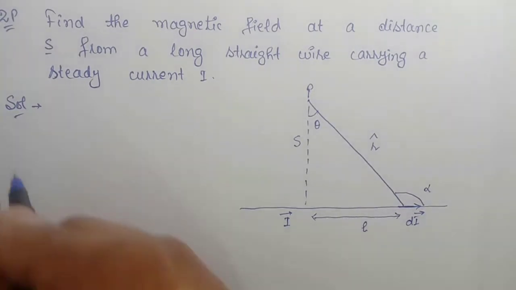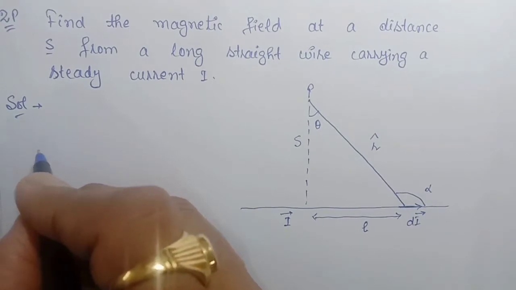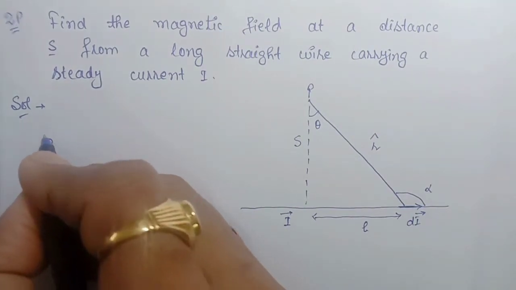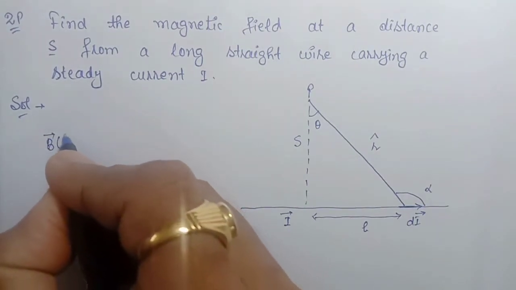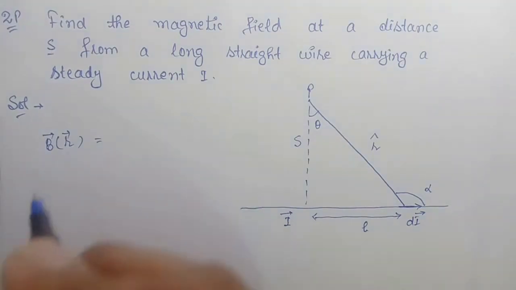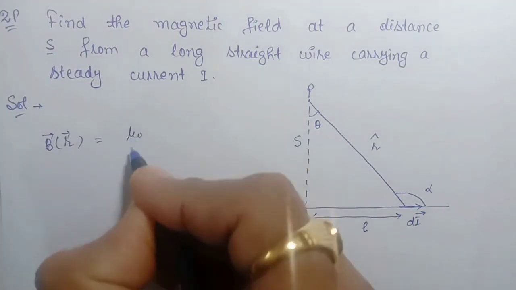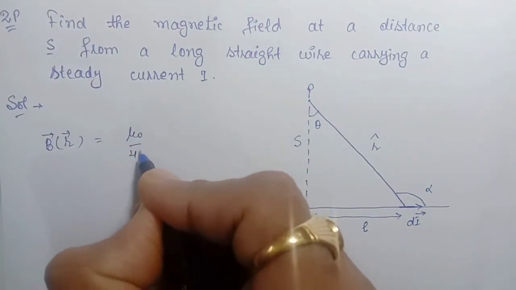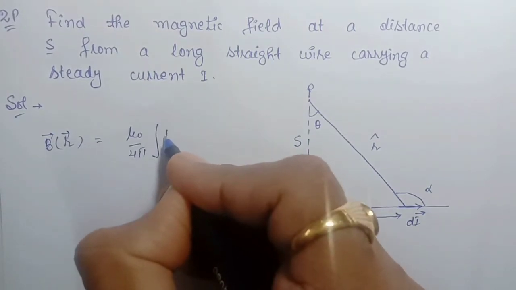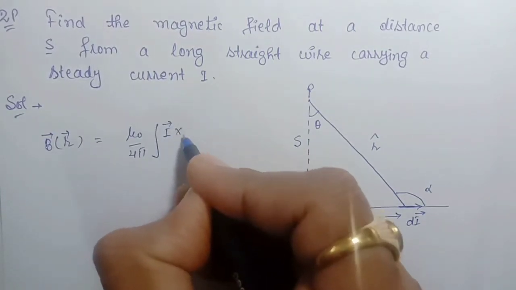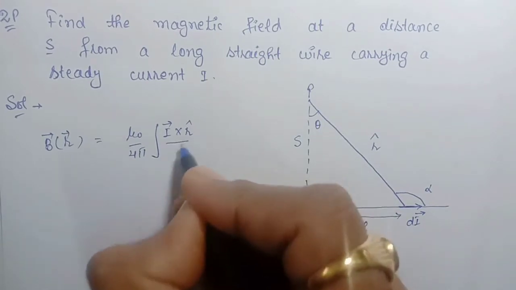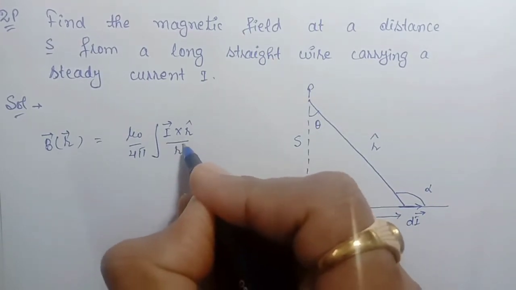Now here, as per definition, the magnetic field according to Biot-Savart's law is equal to mu naught over 4 pi, I cross r cap over r square dl.